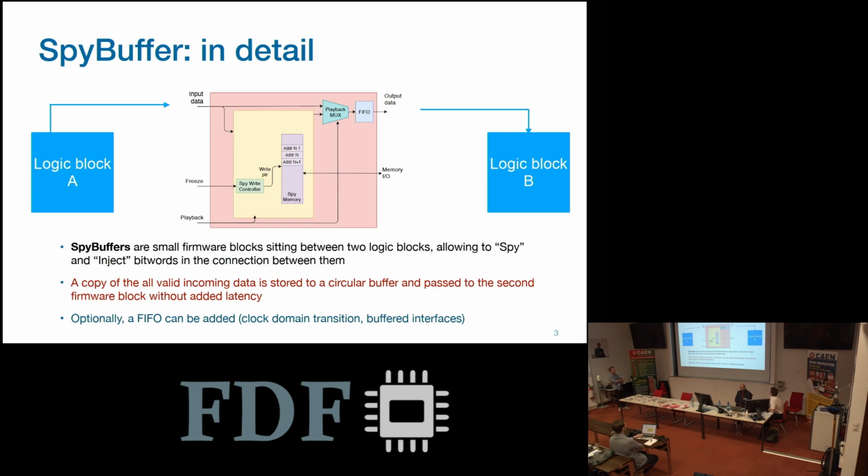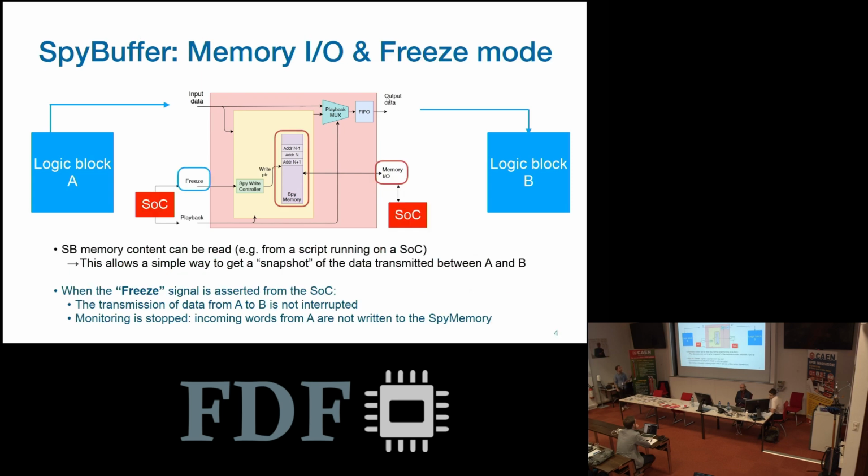And at the same time, this is passed to the logic block B, without interrupting the flux of data between those two objects. And eventually, if you need, for instance, some clock domain transition or some busy logic, you can also add a FIFO, which is the configuration for that is shipped together with the HDL core.